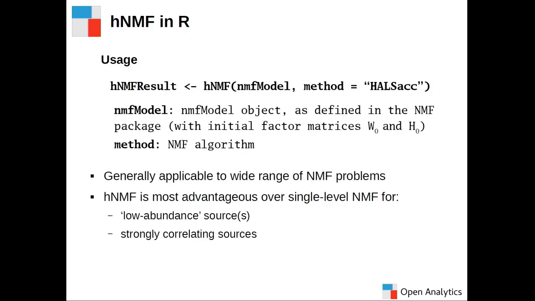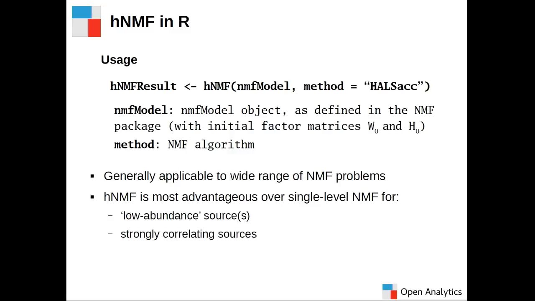So just to show you the syntax of the HNMF function itself. Basically you need 2 input parameters. You need an NMF model. And that model is actually an object as it is defined within the NMF package. So it needs to contain your initial values for your factor matrices.